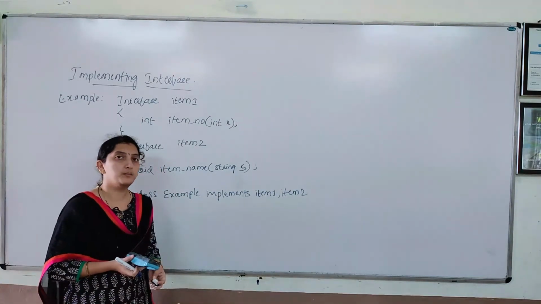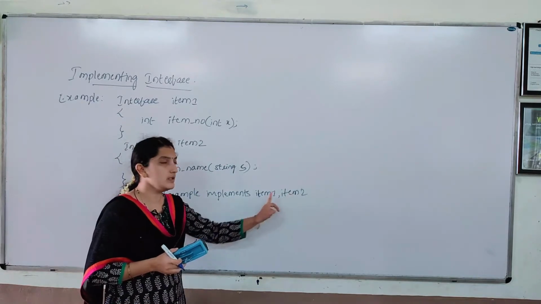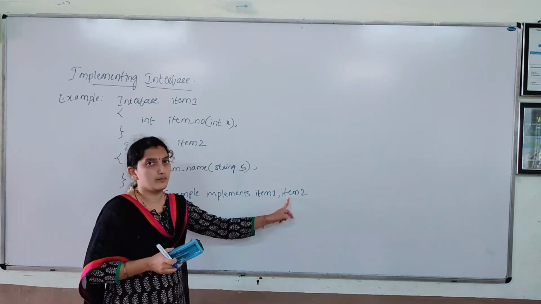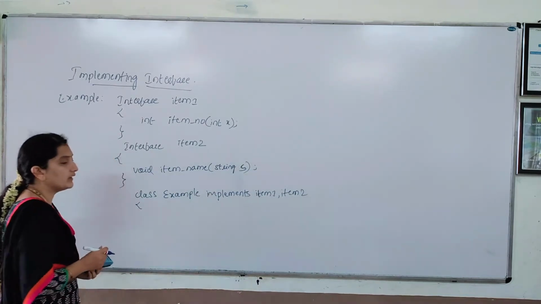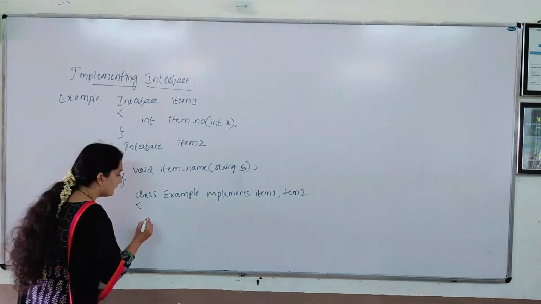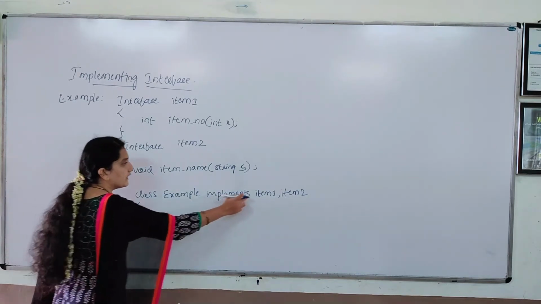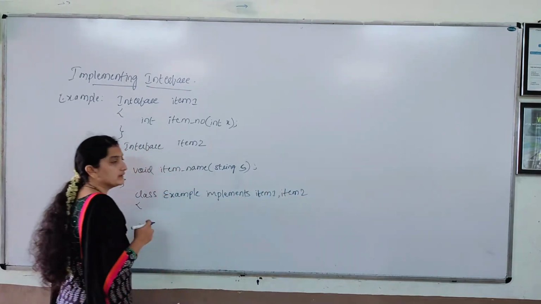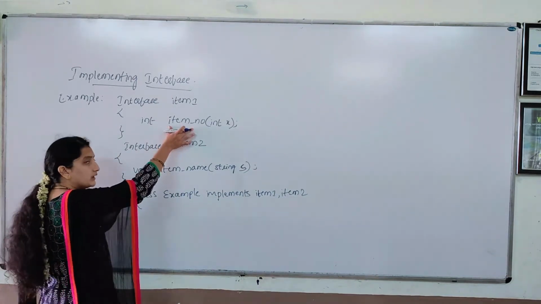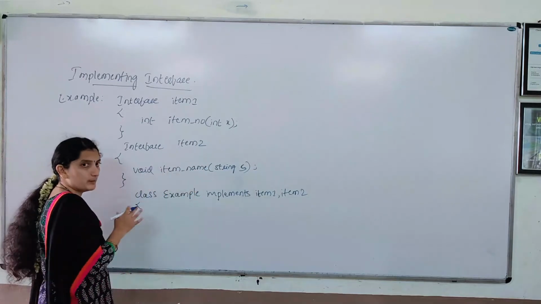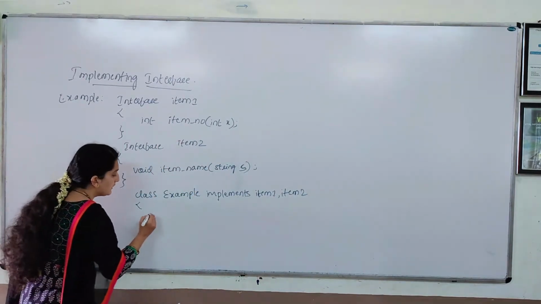When we are implementing more than one interface, those interface names will be separated by commas. Because I am implementing Item1 and Item2, in this class I should implement the item number method and the item name method.